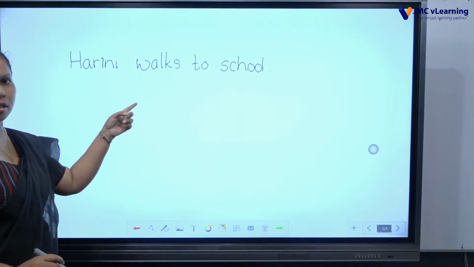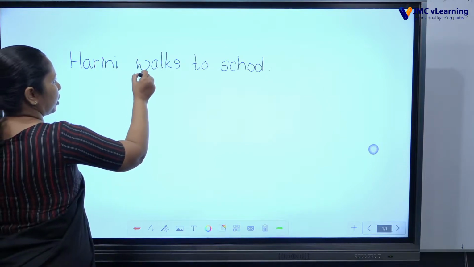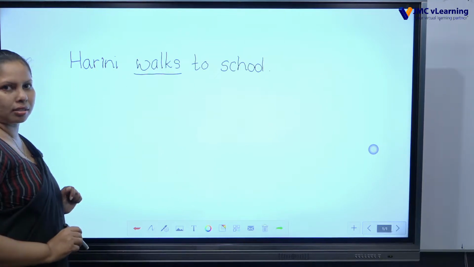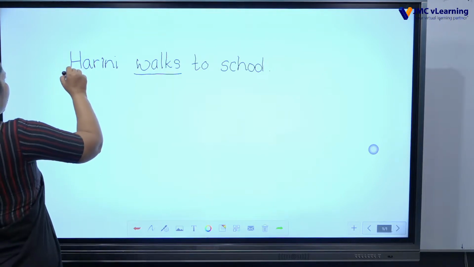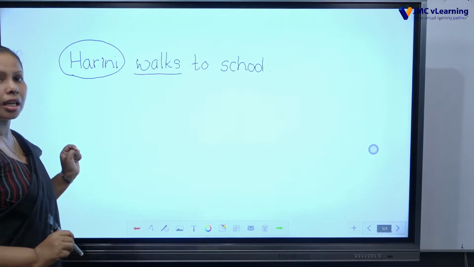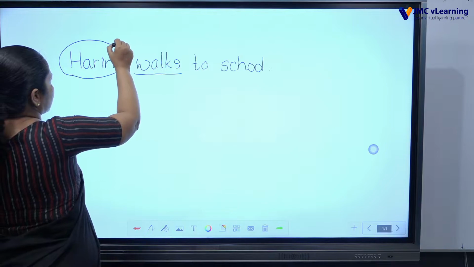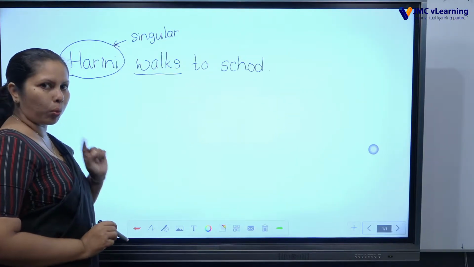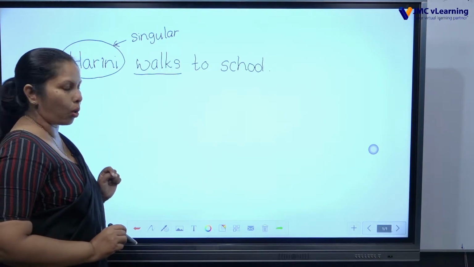Harini walks to school. Here we have used the verb walks. If you look at this sentence, the noun is in the singular form. Harini, it's one person. So the verb is written as walks.